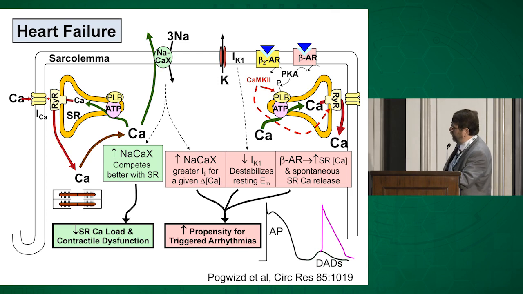One is that the sodium-calcium exchanger is upregulated, which depletes the SR of calcium and leads to some of the contractile dysfunction, but also mediates the transient inward current, and it, along with the changes in repolarization currents, provides an arrhythmogenic substrate that is then enhanced by preserved beta-adrenergic responsiveness that leads to calcium release and ultimately DADs and potentially even EADs.